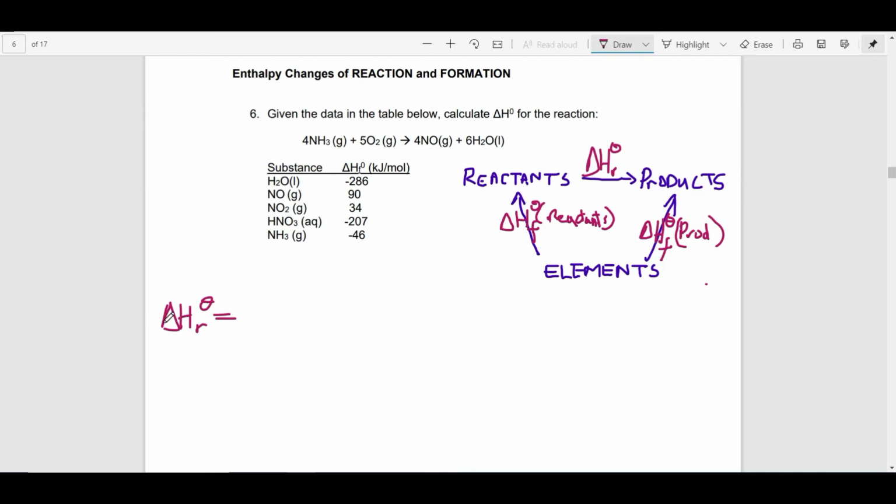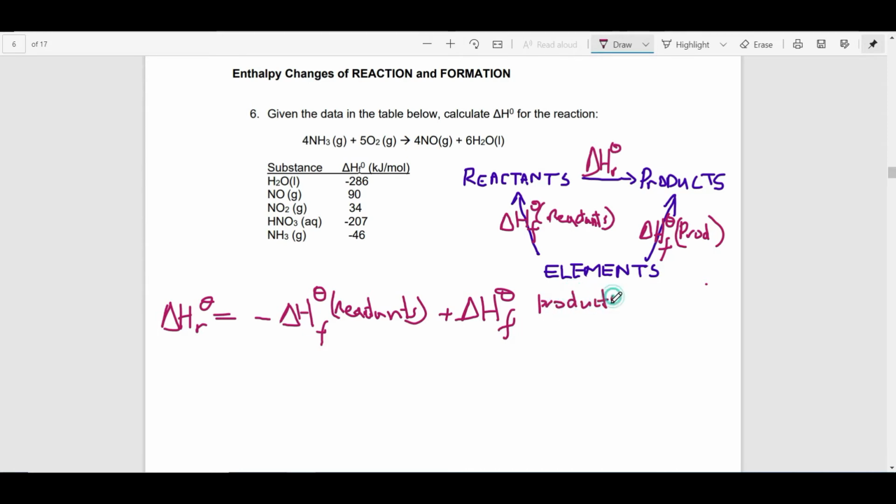So we can derive the Hess's law relationship from these enthalpy changes. The relationship shows that delta H of reaction is equal to the negative of the delta H of formation of the reactants plus delta H of formation of the products.